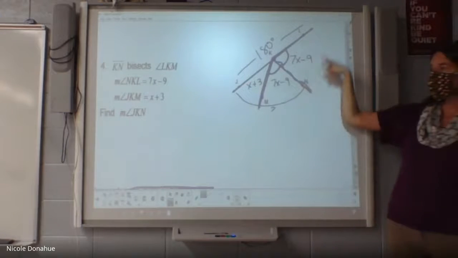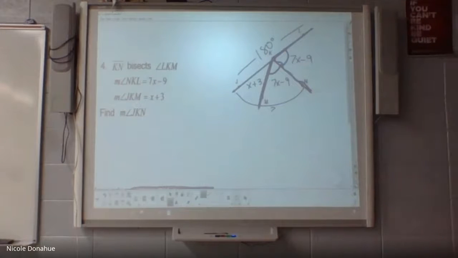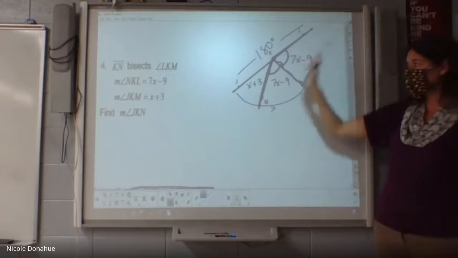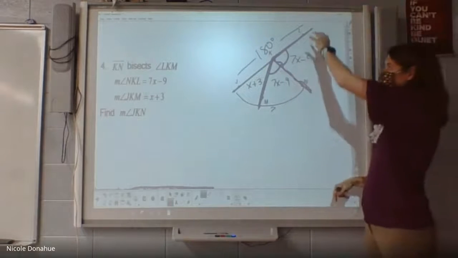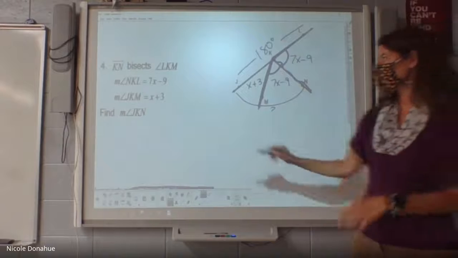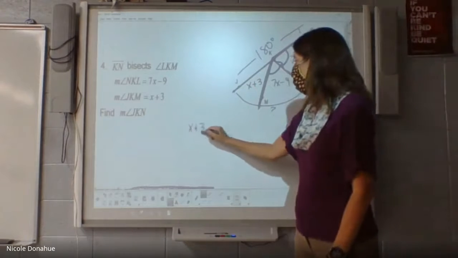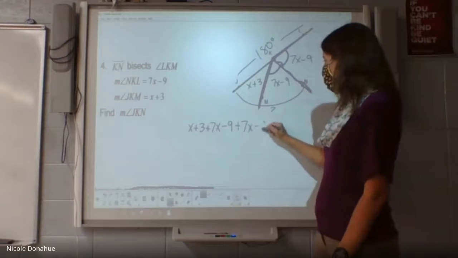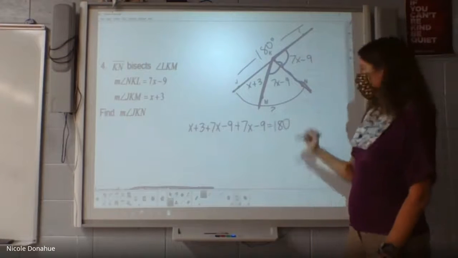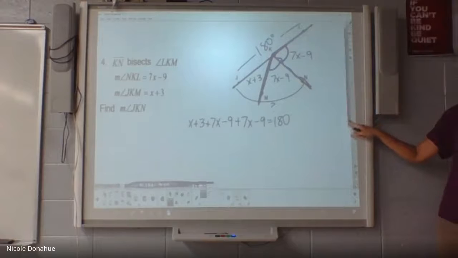So that means these three angles should add up to 180 degrees. Don't forget about the fact that you know a straight line is 180 degrees. We can assume that anytime you see a straight line. Now we didn't use that in the last one because we didn't know that little angle over here. Now I know that these three together should add to 180 degrees. So those three together should add to 180.